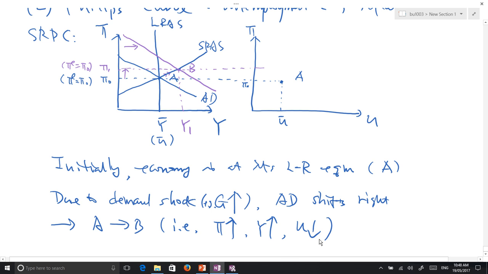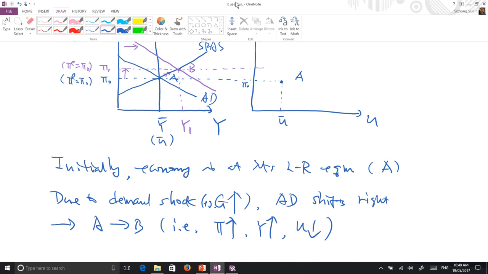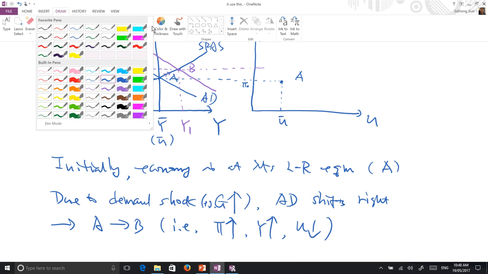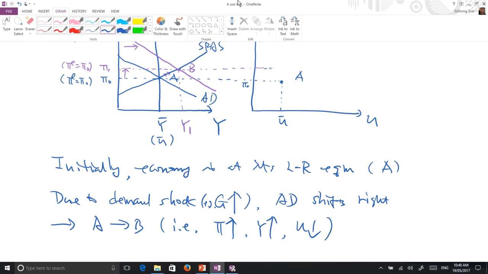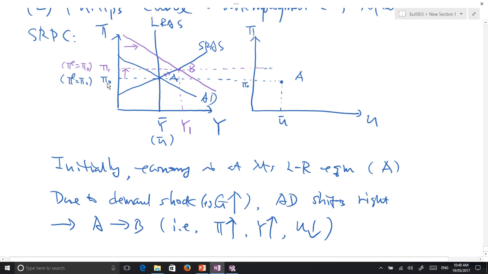So now unemployment goes down. So that's U1. That's point B.